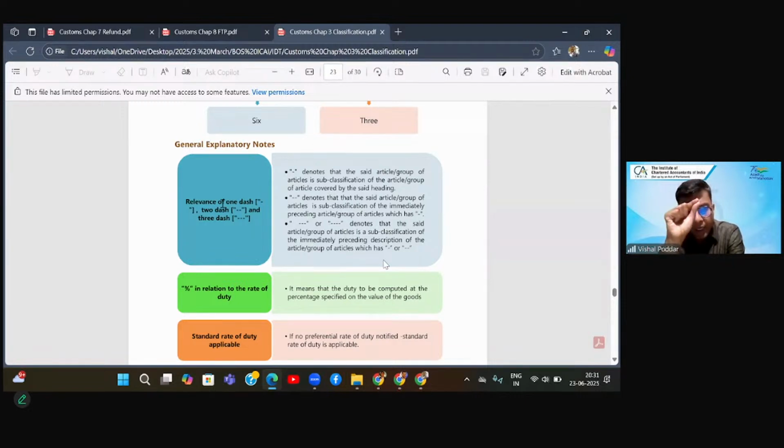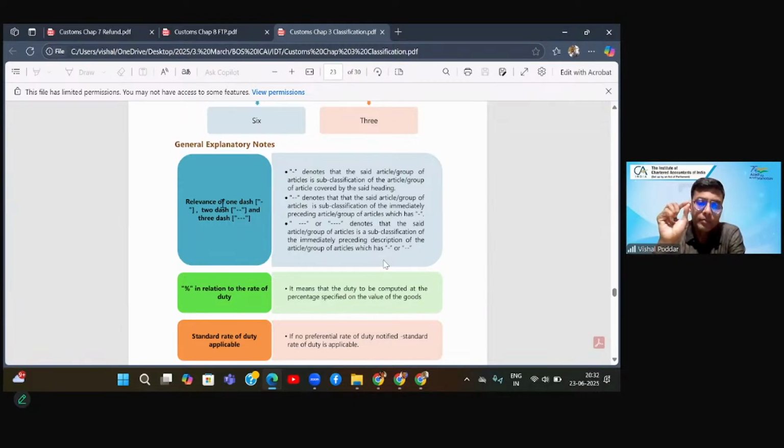When they write the main heading, they will use a single dash. Within the main heading, if there are subheadings, they will use a double dash. Within the subheading, if there is a further subheading, they will use a triple dash. Why do they use single, double, triple dash? So that you understand which major heading a subheading belongs to, and which superior heading that major heading belongs to.